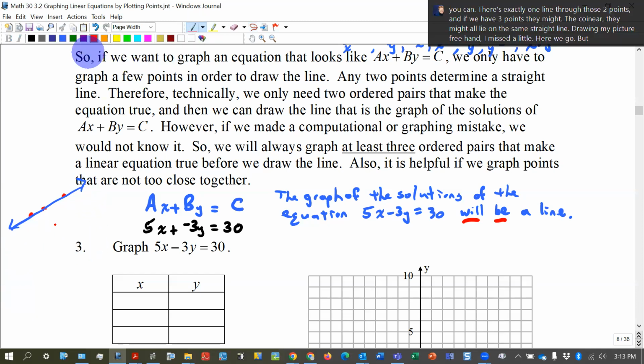But it's possible that when you have 3 points, you don't get a line. They're not collinear. And they could be the vertices of a triangle.